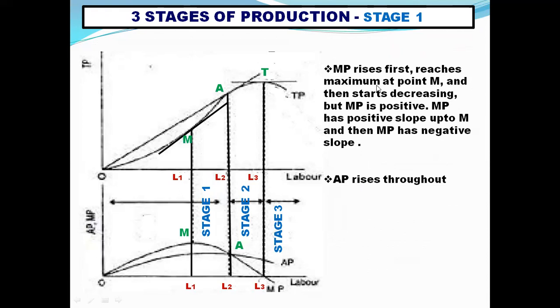MP rises first, reaches maximum at point M in stage 1, and thereafter it starts decreasing. But MP is positive. You should keep this thing in your mind. Even in stage 1, MP is decreasing, but it is positive because after this point, MP becomes negative. So MP has positive slope up to point M, and then MP has negative slope, and AP is rising throughout.